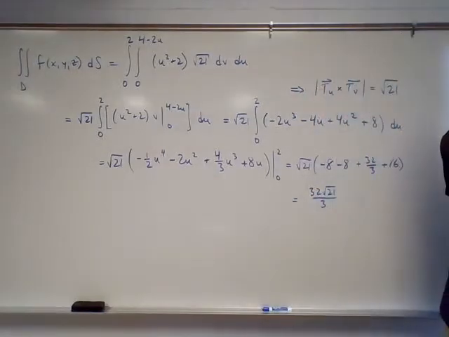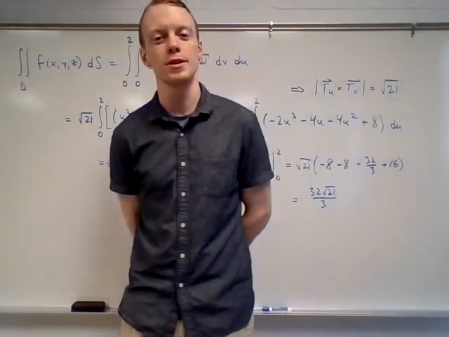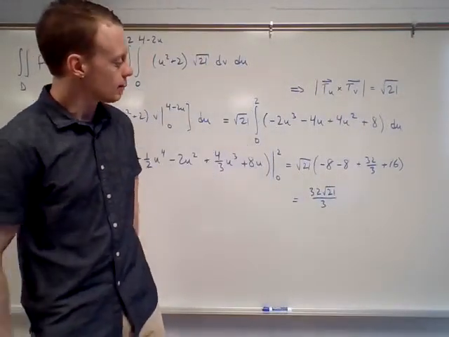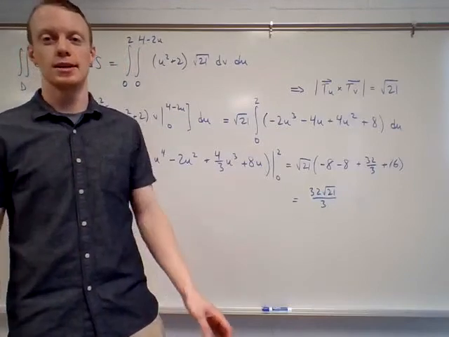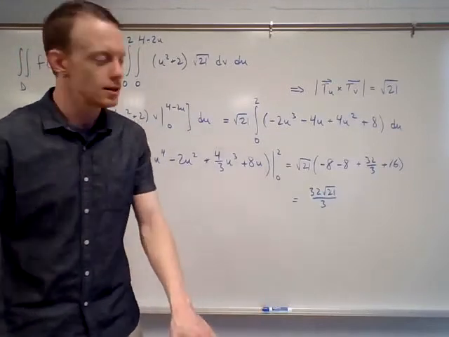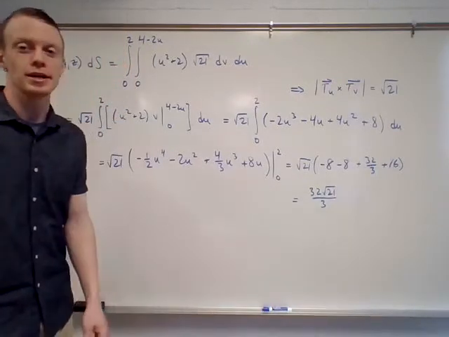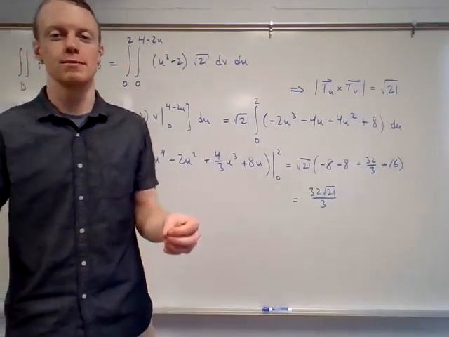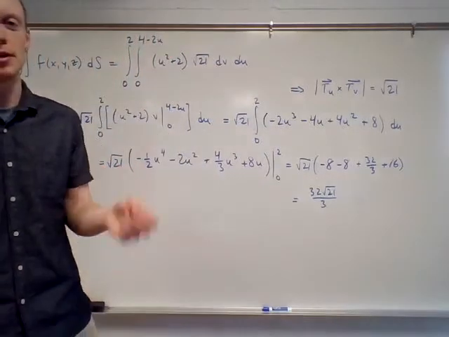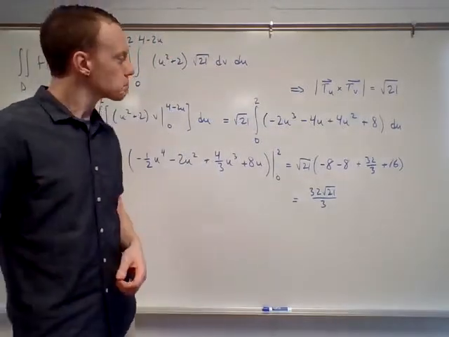And a whole bunch of these terms cancel out, and we're just left with 32 times the square root of 21 all over 3. So this is our second example of calculating the surface integral, the integral of a real valued function of 3 variables over a 3-dimensional surface S.